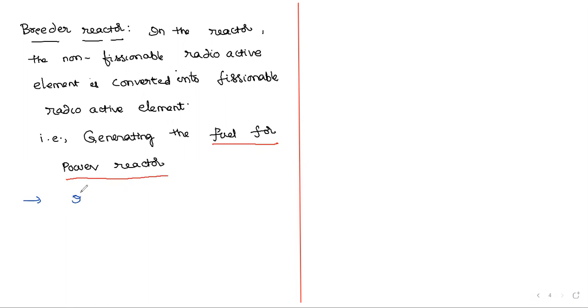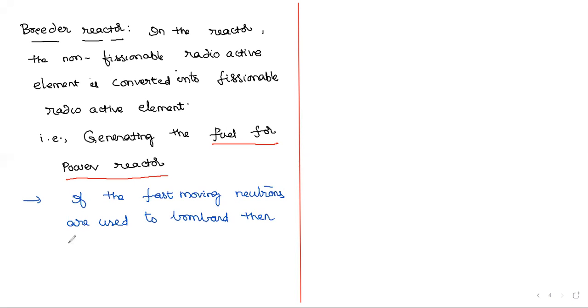Here, if fast moving neutrons are used to bombard, then such breeder reactors are called fast breeder reactors. In its name only you can see fast breeder reactor.